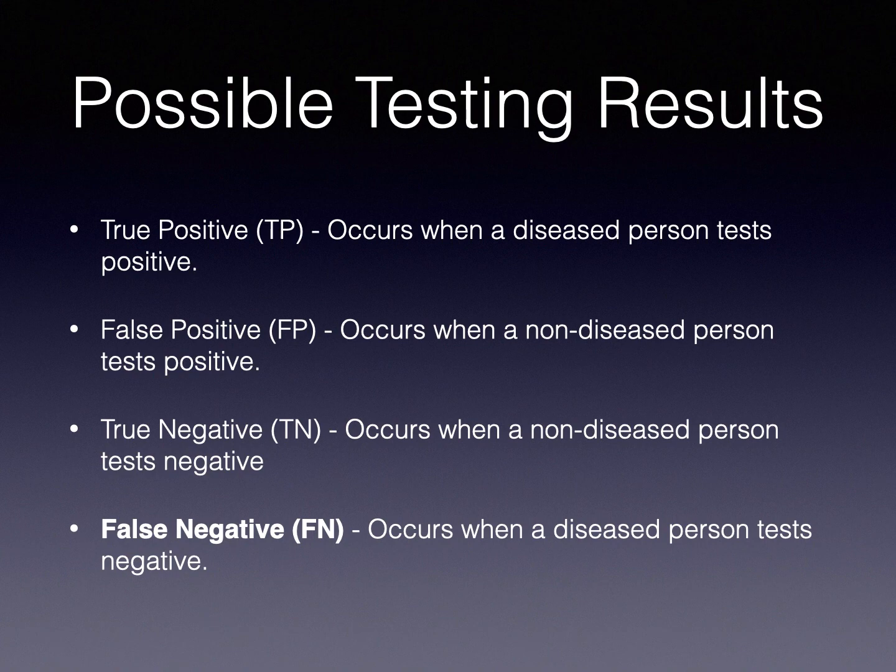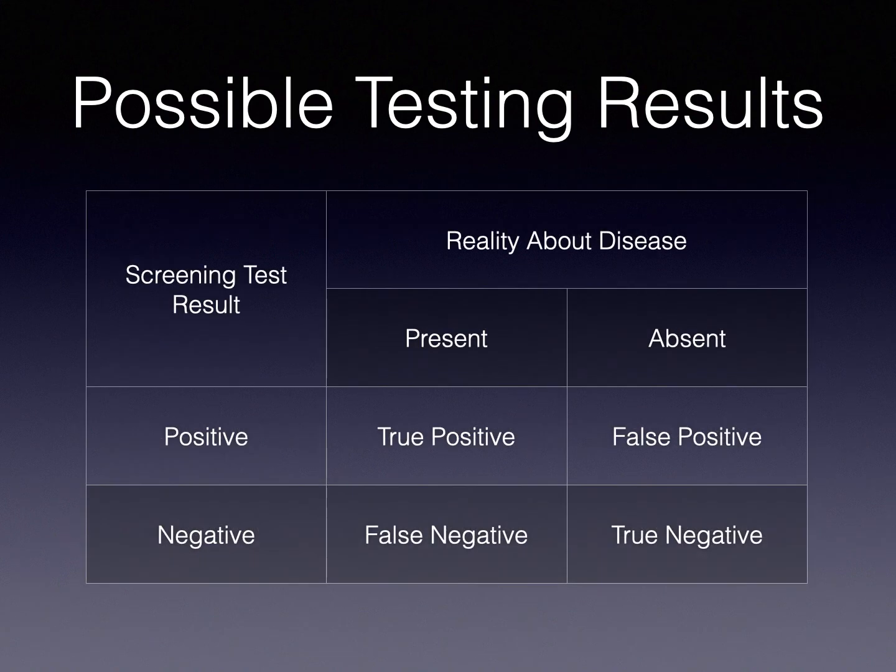Now, we can organize these definitions in a two-way table that may help us to better visualize these four possibilities and to remember what they mean. So the columns in this table correspond to the reality about the disease. Is the disease present or is the disease not present? And then the rows correspond to the result of the screening test. So is the screening test positive for disease, or is the screening test negative for disease?